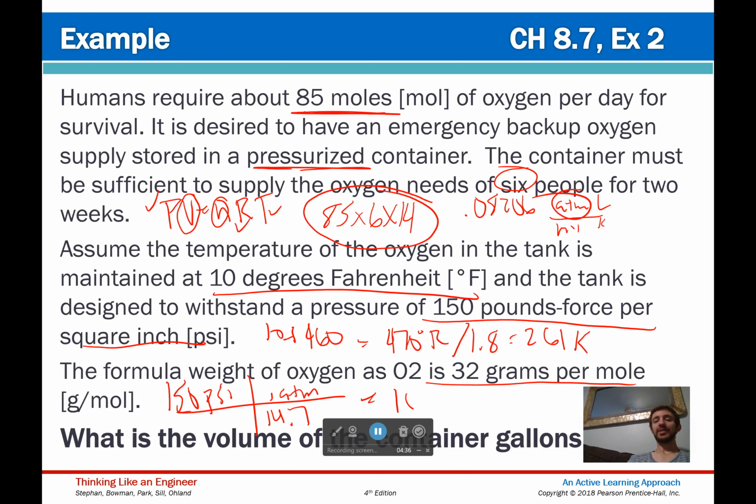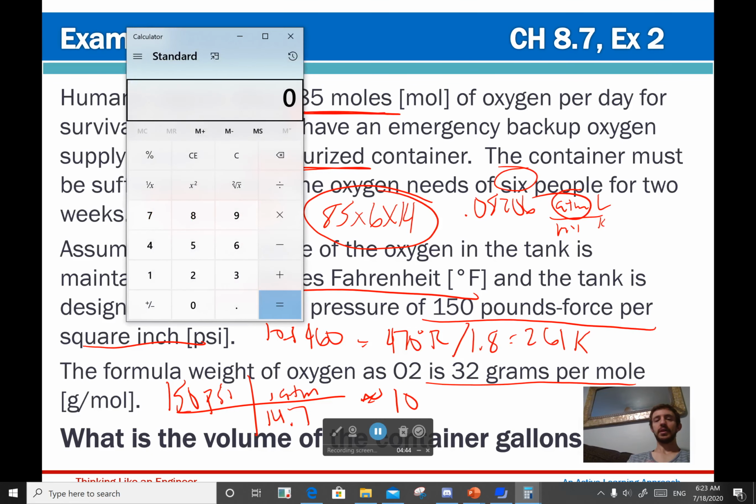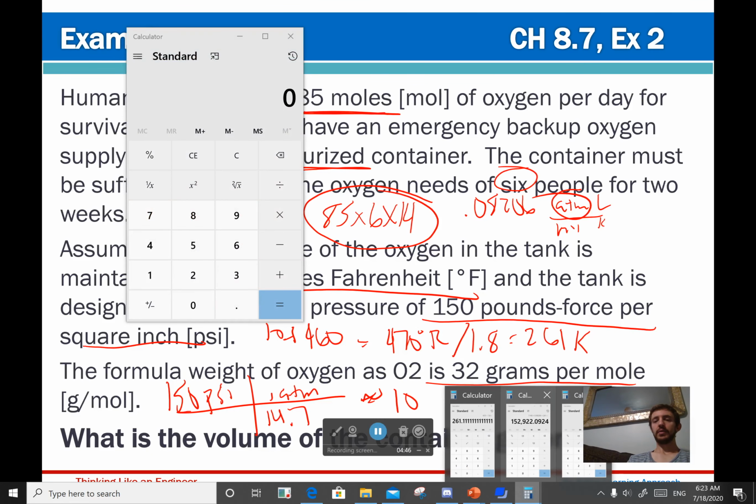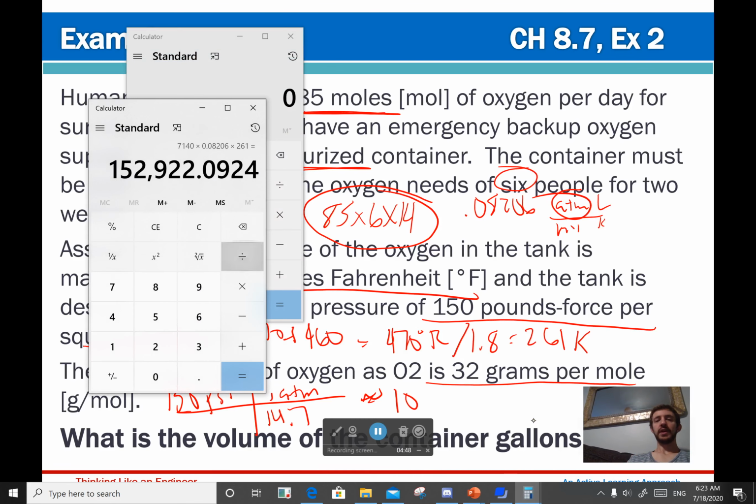That's going to be right around 10. Not quite, but close to it. I'm rounding a little bit here to save us some time. So I'm just going to divide this by 10. 15,292 liters. Not gallons here, liters.